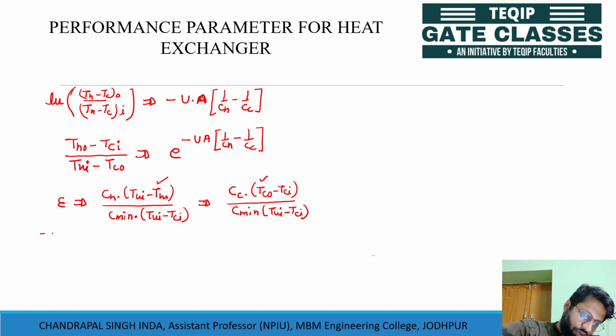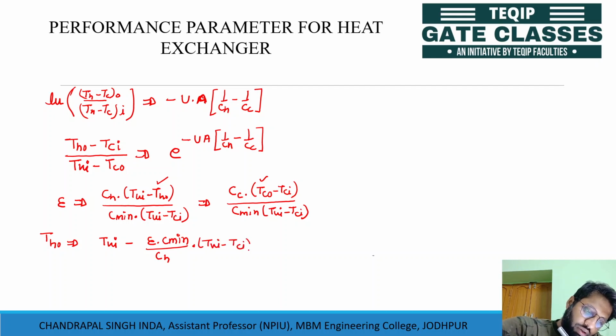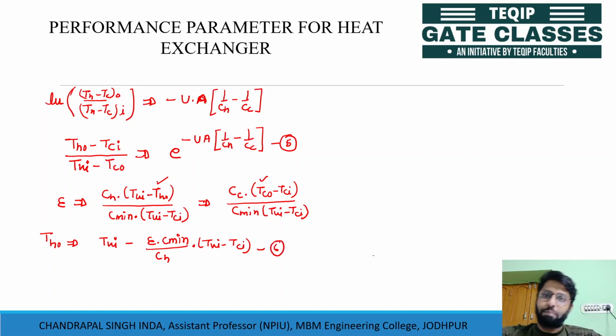So here we can find the value of T hot outlet and the value of T cold outlet. The value of T hot outlet is equal to T hot inlet minus effectiveness, C minimum by Ch, and T hot inlet minus T cold inlet. So this is our equation number 5, and this is our equation number 6.